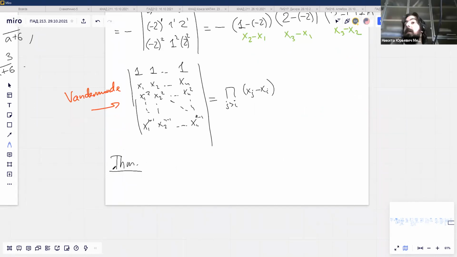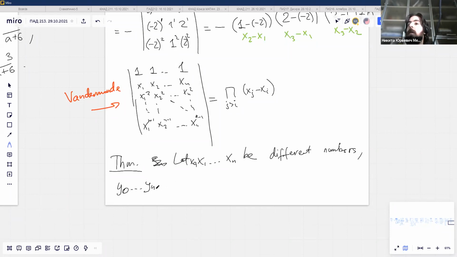This allows me to state a wonderful general theorem. Suppose x0, ..., xn, that is nicer, are different numbers, and y0, ..., yn are any values.